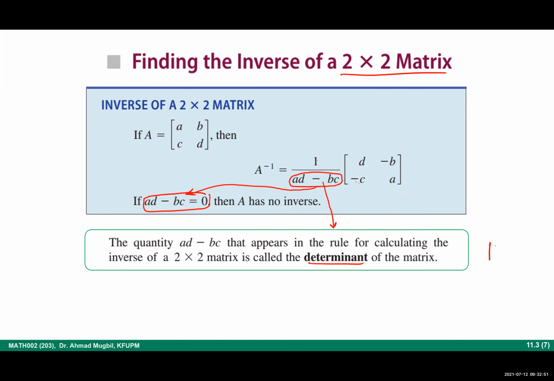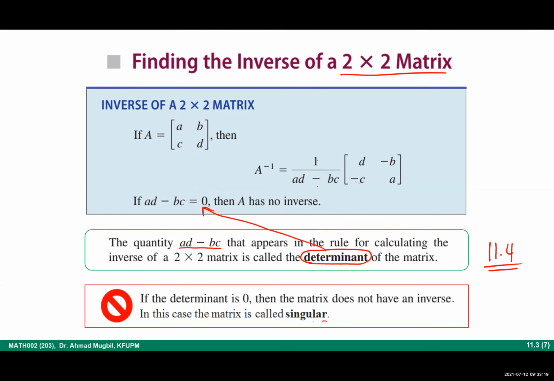We will study it in 11.4, the last section in this chapter. So this quantity or this number is called the determinant. Why do they call it the determinant? Because it will determine if the matrix has an inverse or not. If the determinant is 0, the matrix has no inverse. And in that case, we call it a singular matrix.